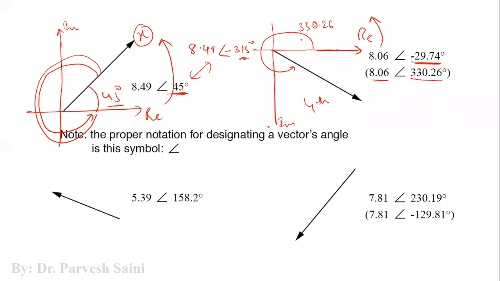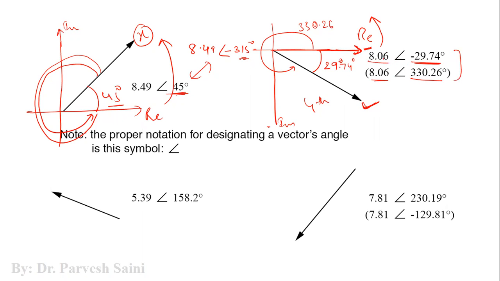Now this is 330 degrees. However, you can also take it that this particular phasor is lagging the reference phasor by 29.74 degrees, right? So both representations are the same.